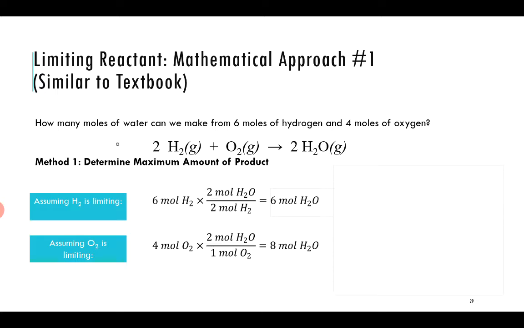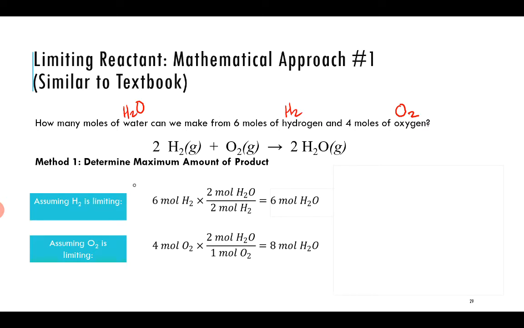In our first mathematical approach, which is similar to what is shown in the textbook for the course, the strategy is to determine the maximum amount of product that can be made. You would pick the smaller of the 2 amounts. If we look at this, it says how many moles of water can we make from 6 moles of hydrogen gas and 4 moles of oxygen gas.